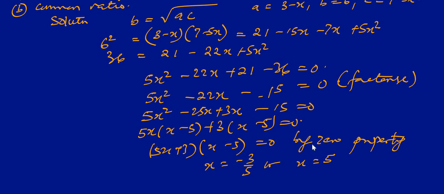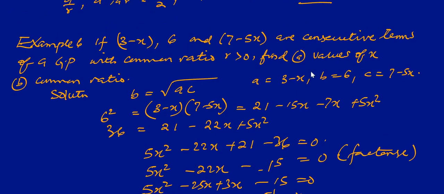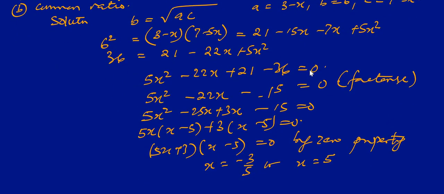We have gotten x, but we are asked to find the common ratio. So if we pick x to be 5, the terms are: t1 is equal to 3 minus x, which is 3 minus 5, giving minus 2. The second term t2 is already 6.